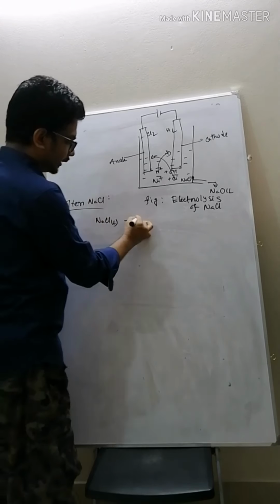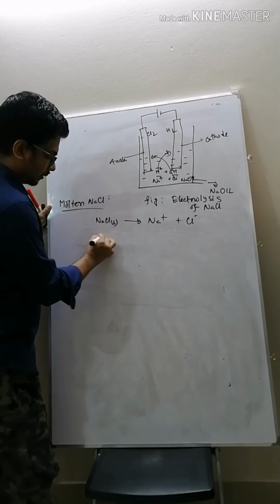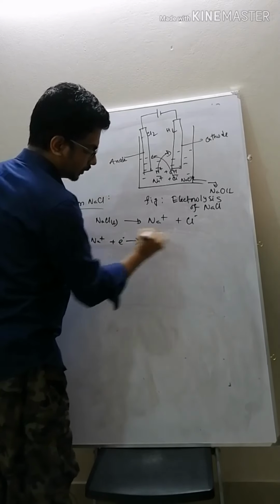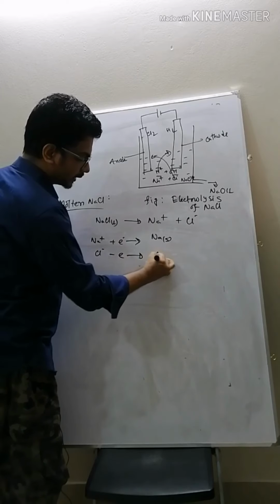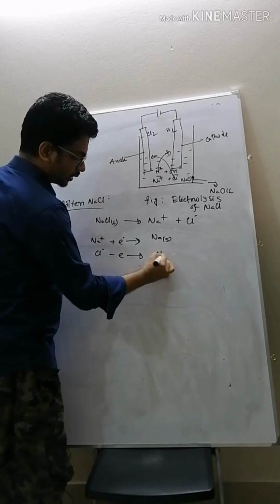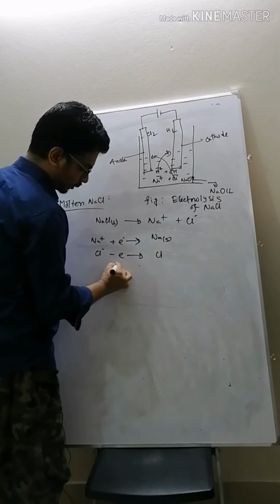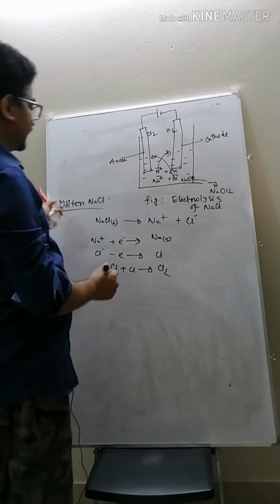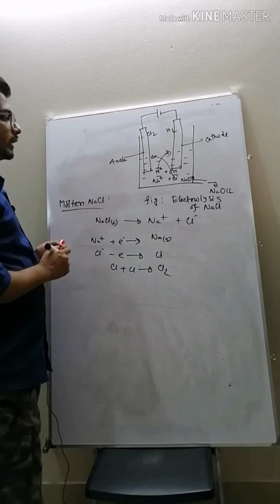Okay, by electrolysis this sodium ion will receive an electron and it will produce sodium solid, and this chloride ion will donate electron and it will produce chlorine atom, and chlorine will attach with another chlorine atom and it will produce chlorine gas. Okay, it is the electrolysis of molten sodium chloride.